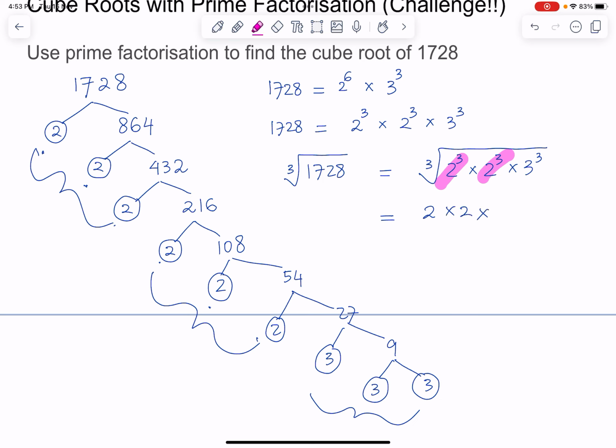And then cube root of 3 cube, result is 3. So easily then the answer is going to be 2 times 2 times 3, which is 12. So let's see. You can use your calculator to check, is that really true? 12 times 12 times 12, when you cube it, is that really 1728? So then you can see your answer.